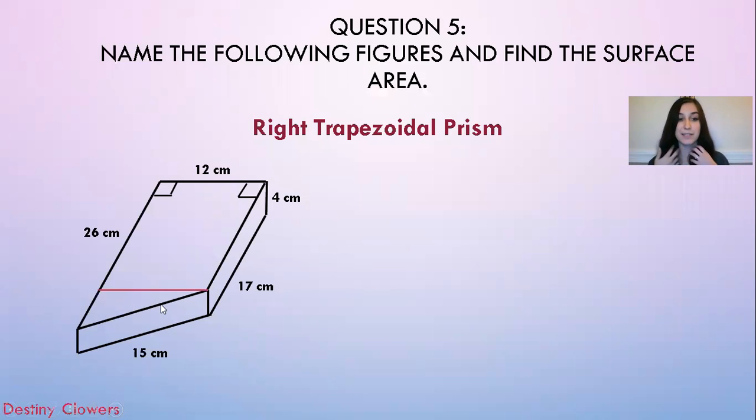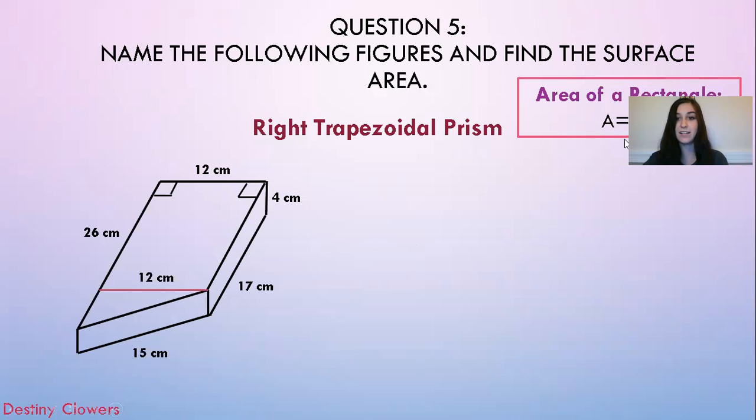So this means that we can find the surface area of the rectangle and then find the surface area of the triangle and add them together to find our surface area. Because this is 12 centimeters, this is also going to equal 12 centimeters.